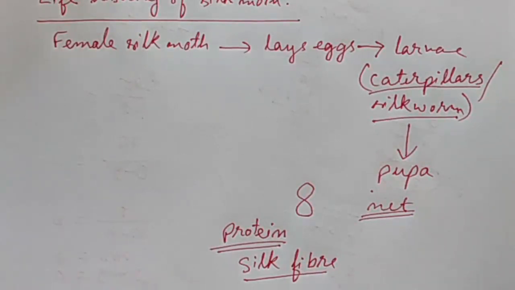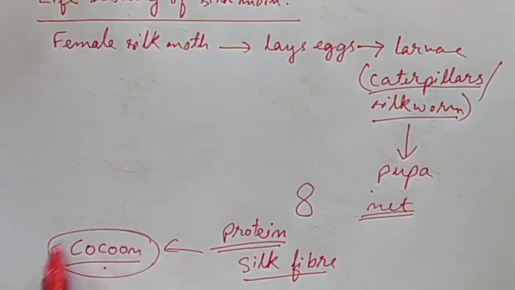Soon the caterpillar completely covers itself with silk fibers and turns into pupa. This covering is known as cocoon. The further development of the pupa into moth continues inside this cocoon.